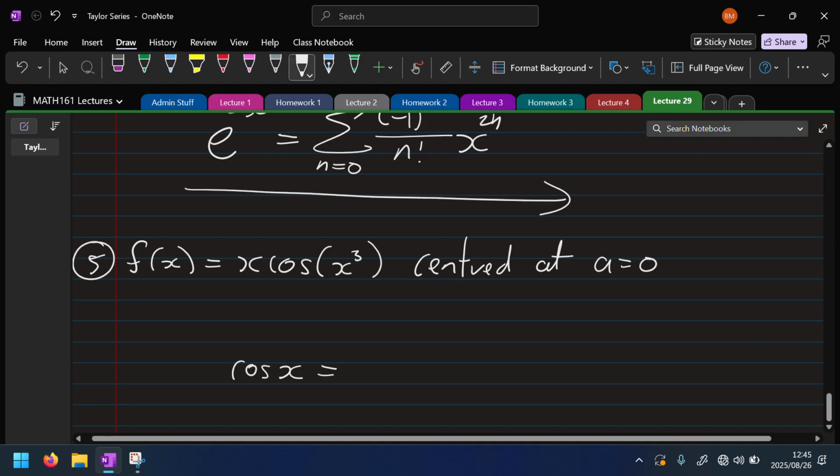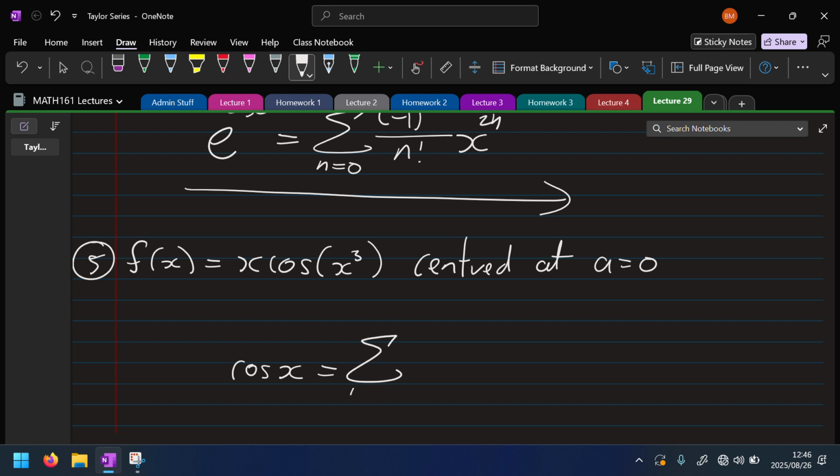Cos of x just by itself is the sum, n goes from 0 to infinity. We know it's alternating, so it's minus 1 to the n. We know it's even, so the bottom part must be even, and so the exponent for x must also be even. What we want is cos of x cubed.